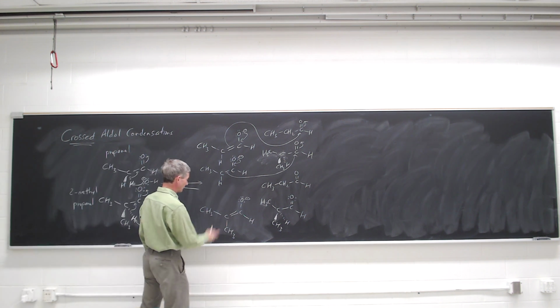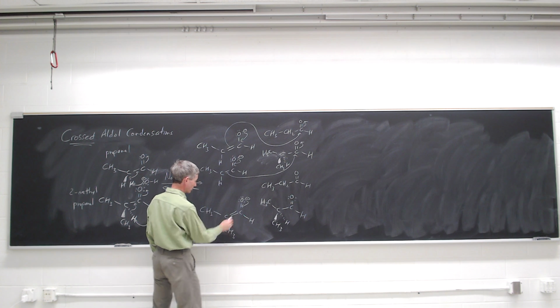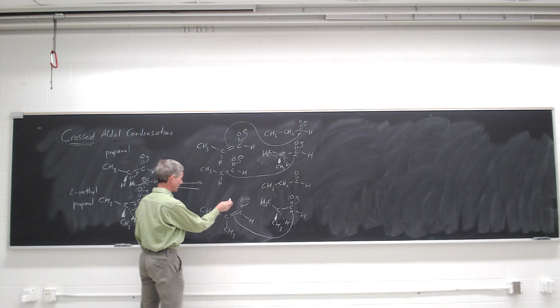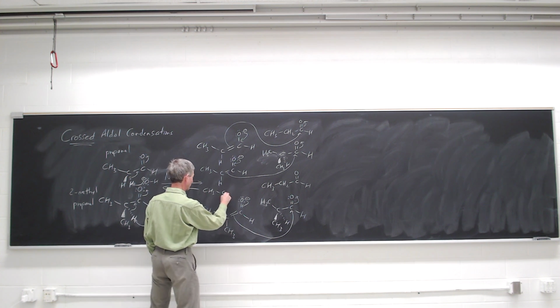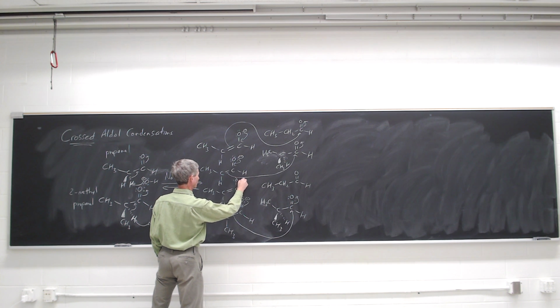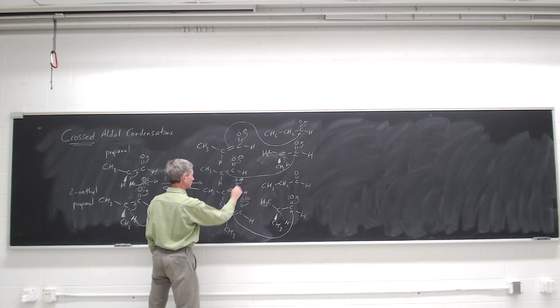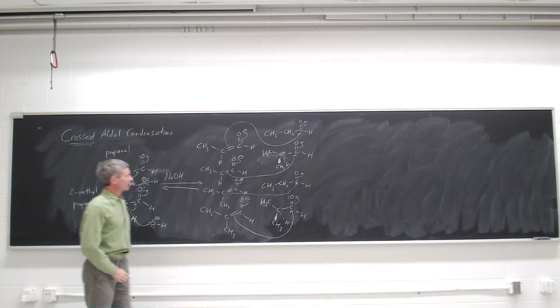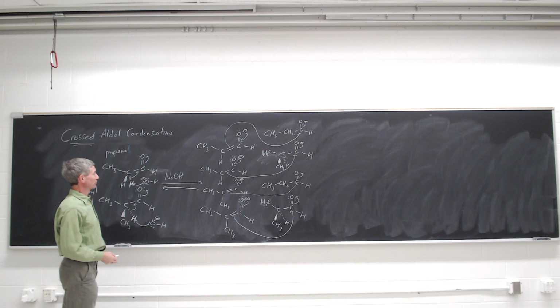And similarly, the enolate from 2-methylpropanal can react with itself, but it would also be free to interact with propanal. So there are 4 possible donor-acceptor pairs.